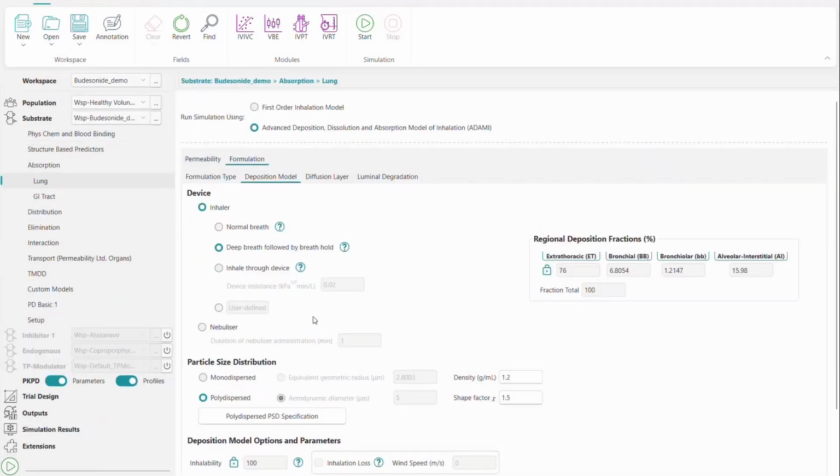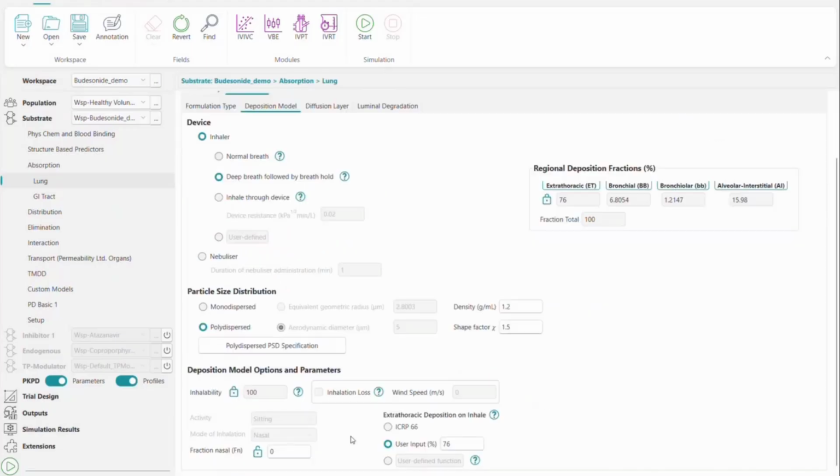There are some elements of the model where, if you set the fraction nasal to 1, you know what's being deposited in the nose, but that's everything that's in the nose. It's not the particular region from which you get absorption that would go to the brain from the intranasal part. So no, we'd need a separate model for doing that.